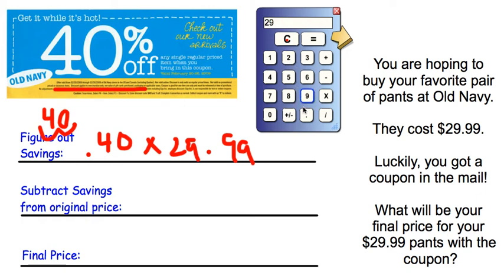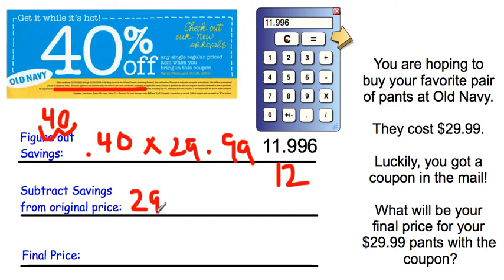Now, as you get better at this, you're going to be able to start to calculate what 50% is in your head, and figure these things out using landmark numbers. But for now, I'm just going to use some very simple examples. So 40% of $29.99 is $11.996. And now we're just going to round this up to $12. So 40% of $29.99 is about $12.